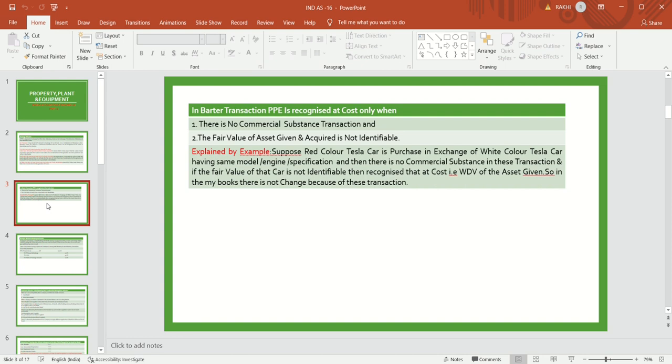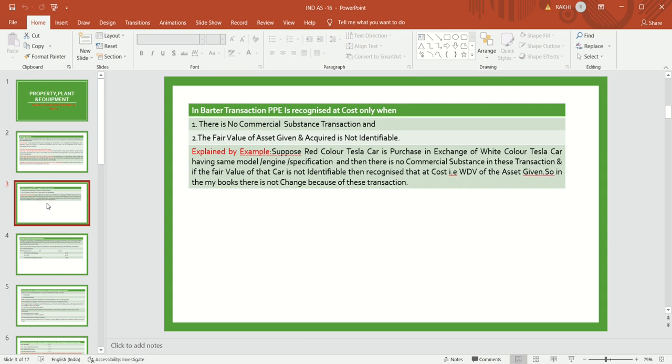This will be explained by an example. Suppose a red color Tesla car is purchased, whose model number, features and configuration are all the same, in exchange for a white color Tesla car having the same model, engine and specification.